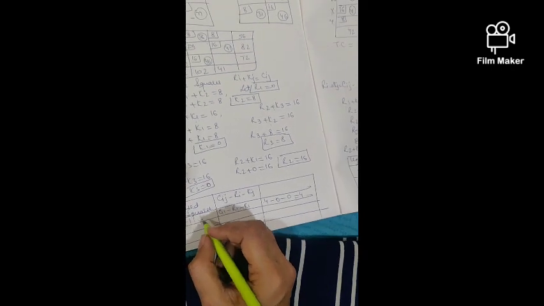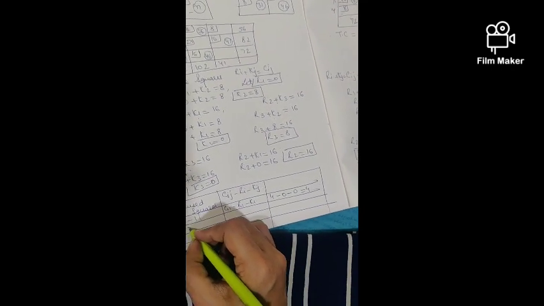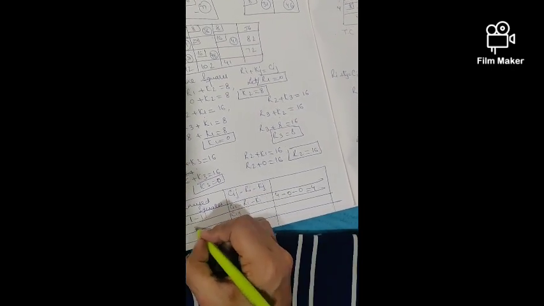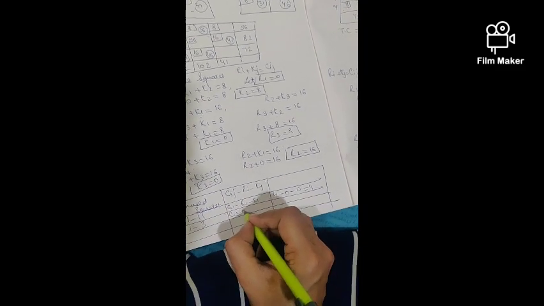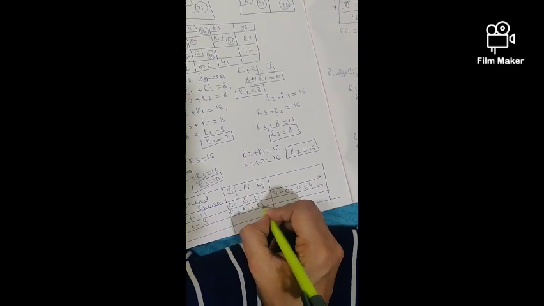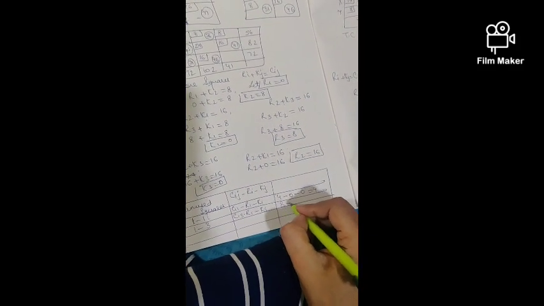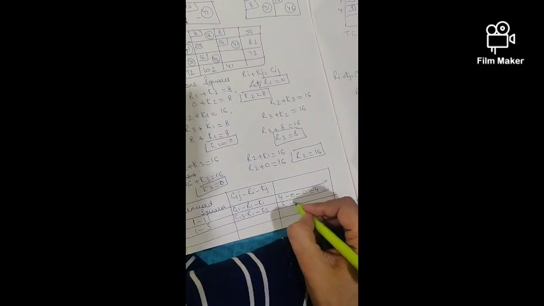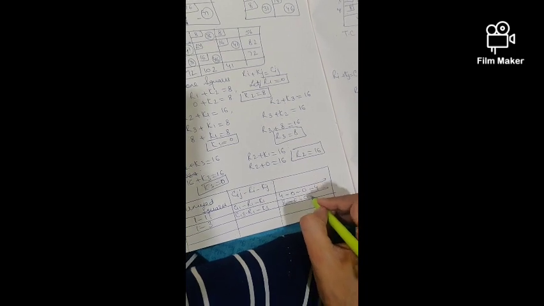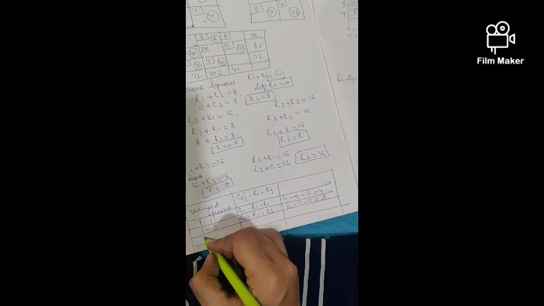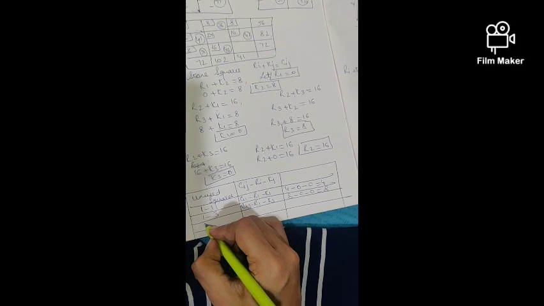Then we have C13 minus R1 minus K3. So this will come out to be 8 minus R1 is 0 minus K3 is again 0. This is 8.